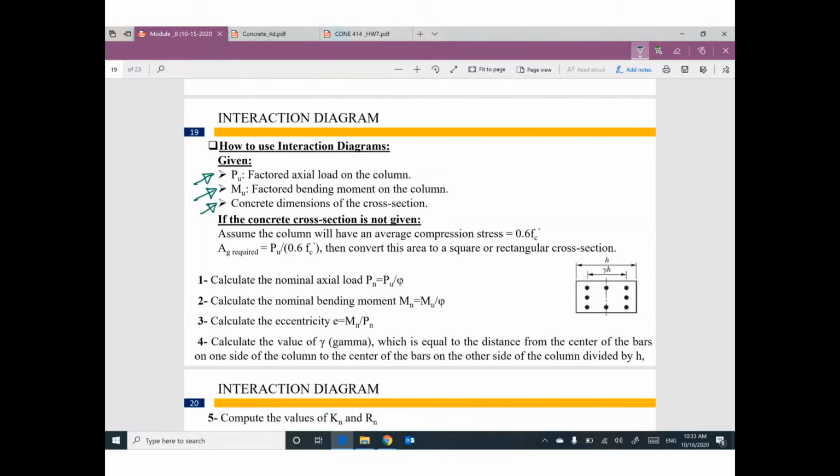Just a hint: if the cross section of the column is not given, I can get the gross area of the concrete from this expression: P ultimate divided by 0.6 f prime c. And once you get the gross area, I can assume this length and figure out the other length from the gross area, if the concrete cross section is not given.